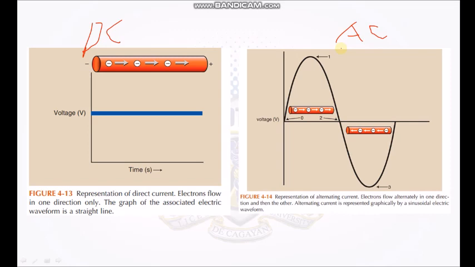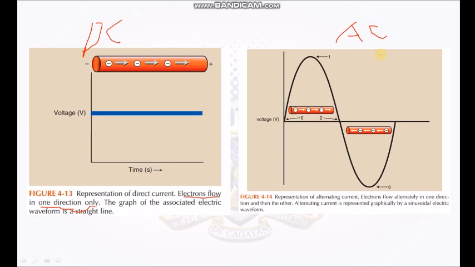So when you have a direct current, the electrons will only flow in one direction. Electrons flow in one direction only. That is for the direct current.